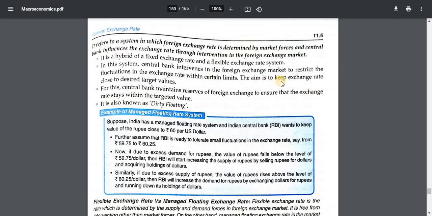The aim is to keep the exchange rate close to the desired target values. For this, the central bank maintains reserves of foreign exchange to ensure that the exchange rate stays within the targeted value. It is also known as dirty floating.